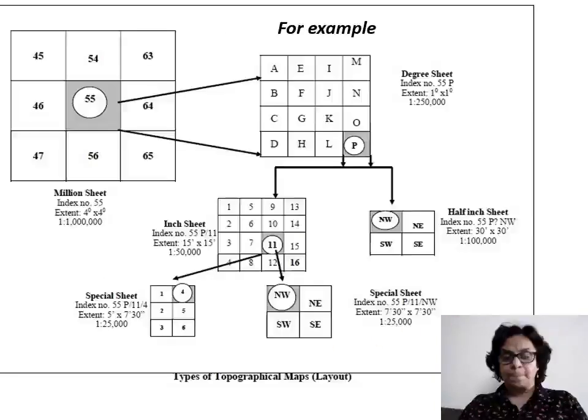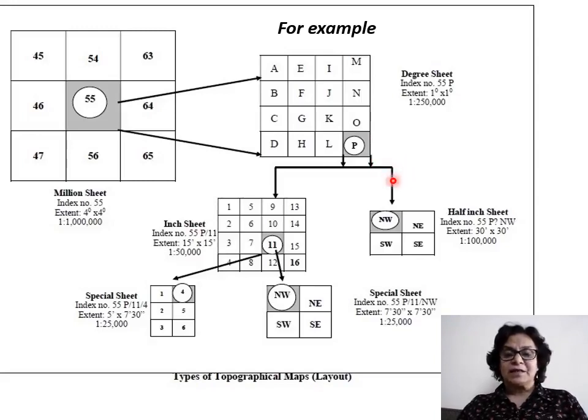So here we can see all the maps together, starting with the million sheet, which has an extent of 4 degree by 4 degree. It is known as the million sheet because of the scale. These are divided into 16 parts, where each is known as the degree sheet, where the extent is 1 degree by 1 degree.